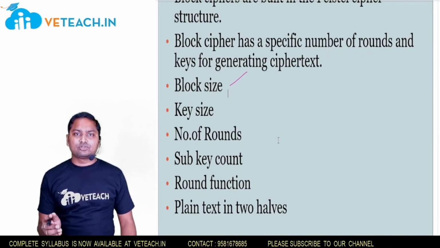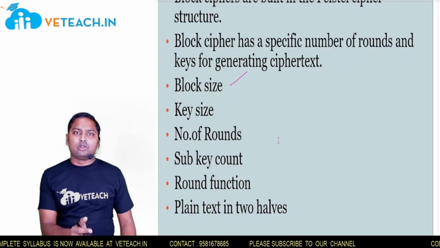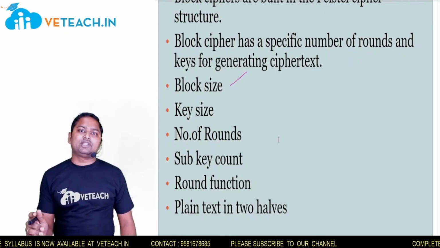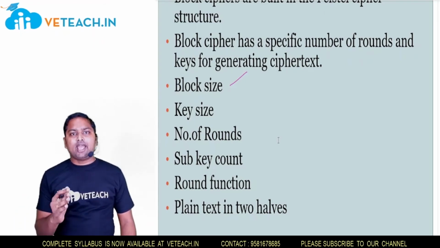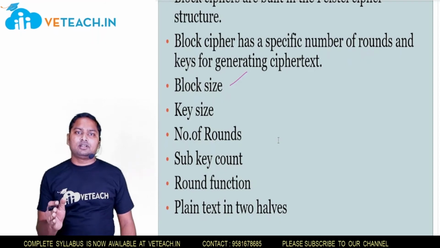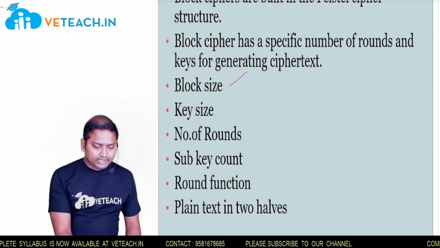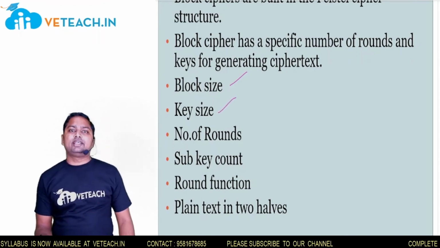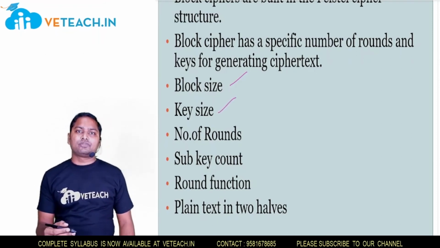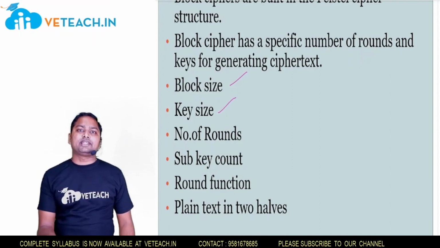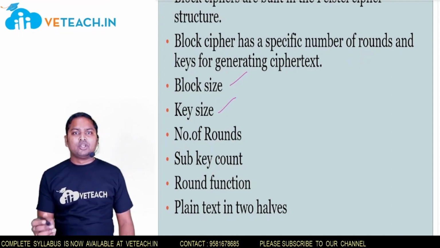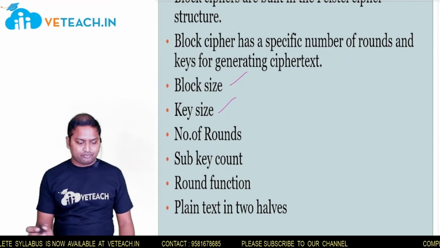If the plain text is small, the block size will be small. If my plain text size is 50, then I can split that block into two parts, 25 and 25. And the key size, that also depends on the plain text. If the plain text is large, the key size is also large.